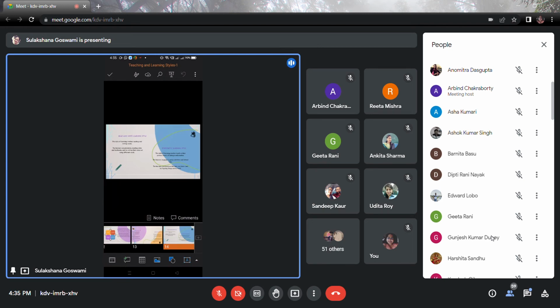Now, let's move on to the next slide. Now, multiple intelligences. This theory was developed in the late 1970s and early 1980s by Howard Gardner, who believed that there are 8 distinct intelligences that are closely related to each other and to the concept of our learning styles.